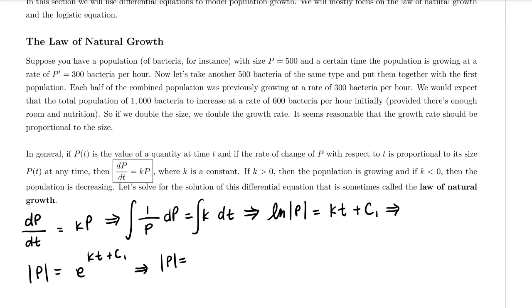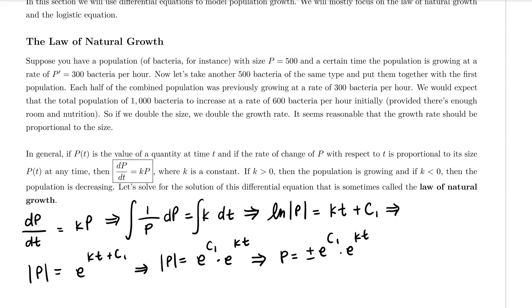And so the absolute value of P equals, I'm going to use an exponent property to split up the right-hand side of my equation. So this is the same thing as e to the c1 times e to the kt. And now I want to drop the absolute value sign on P, and to do that, I get P equals plus or minus e to the c1 times e to the kt.